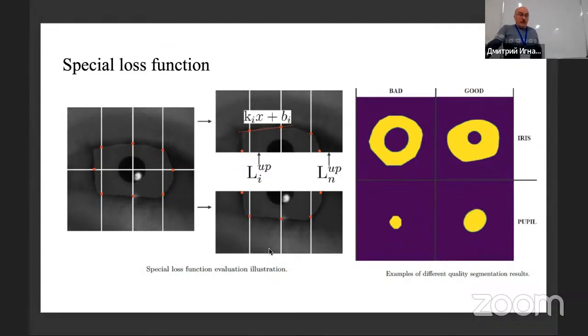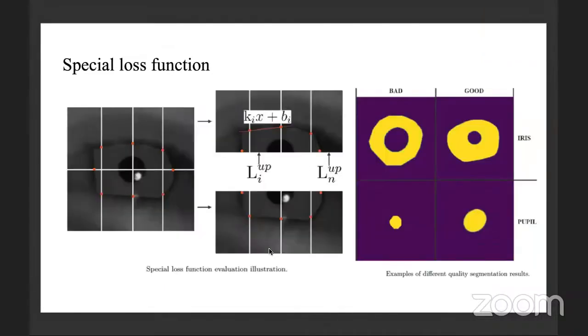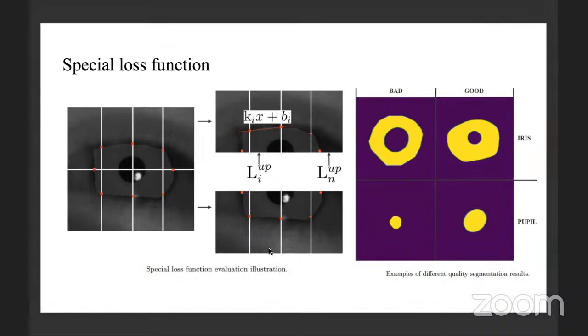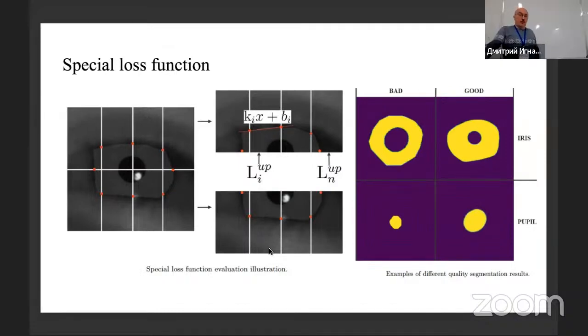And this scale you show on the slide, likely you have it, k sub i x plus b sub i. You use parameters k and b as parameters of the line. I should say that this is maybe not a very good choice because for vertical or close to vertical lines, these parameters are very big and the scale of k and b is not uniform.